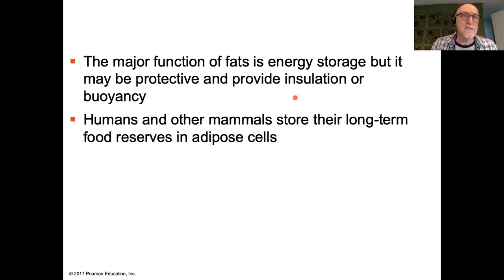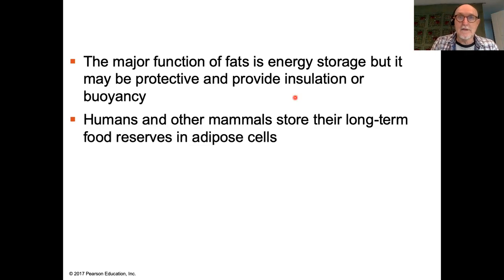Mammals have specialized tissue to contain fat droplets, and that is called adipose tissue. So you look at the kidneys, they have two big collections of adipose tissue that cover the top of the kidneys, and that is protective.